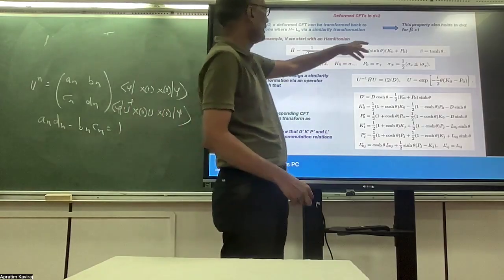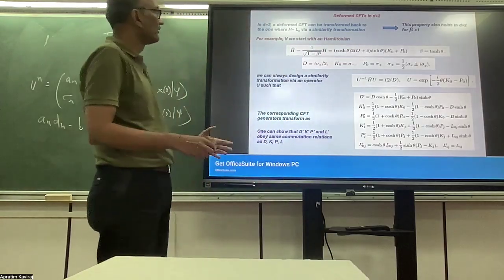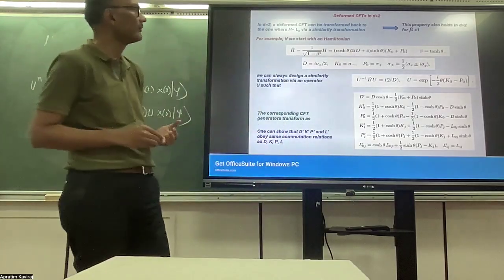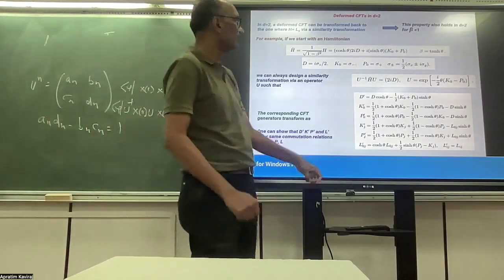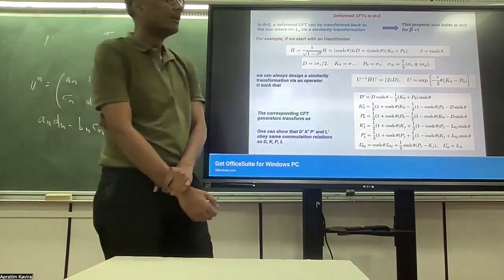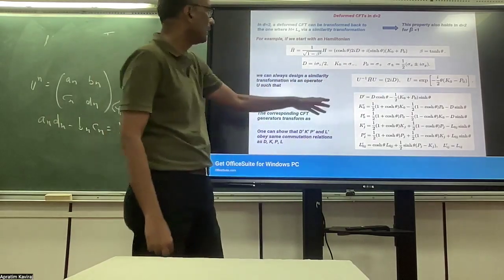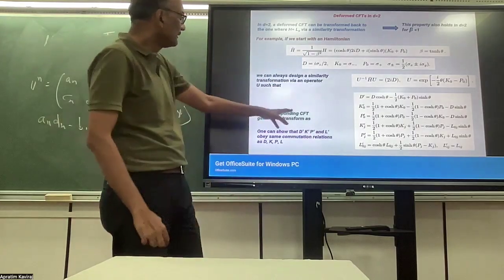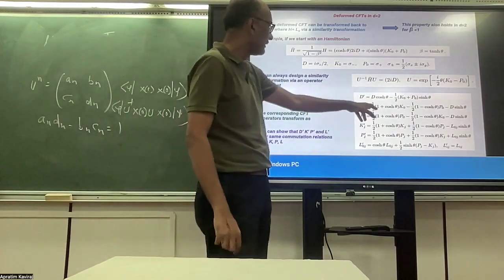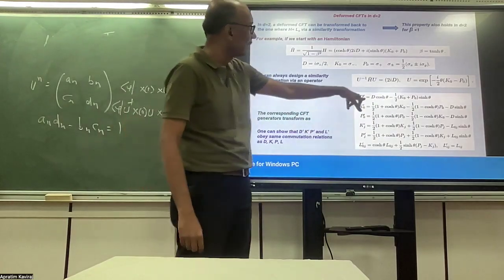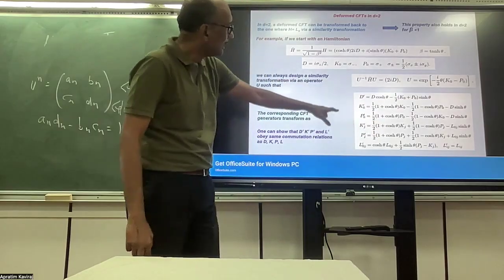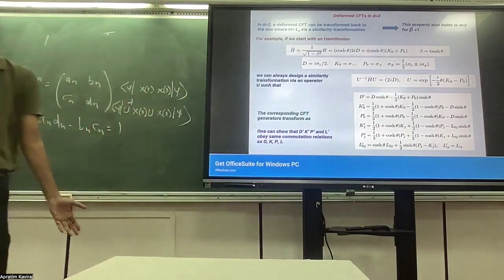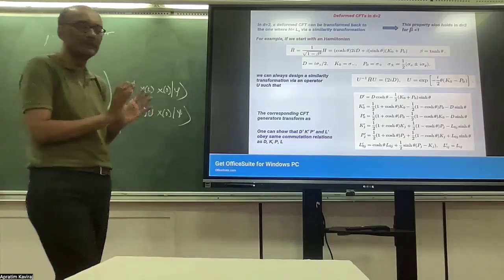For example, if I write this deformed CFT where the parameters are cosh and sinh, I can choose the CFT like this. Then I can design a similarity transformation, where I map this entirely to a CFT whose Hamiltonian is just D. I can rotate it back. What we have checked is that all of these generators go to their prime values and satisfy the same commutation relations as the original generators, which tells you that these deformed CFTs are kosher CFTs.